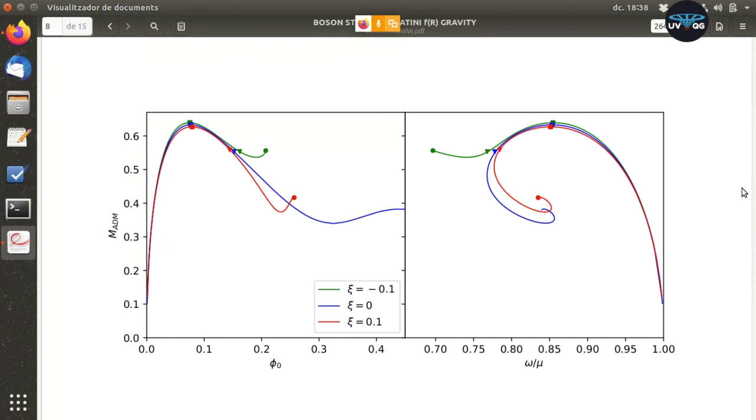I never thought about it, but I think even in GR there should be some kind of limit, because when you increase central phi, the solutions become more stiff and more compact, and can end in a black hole or something like that. I think you cannot really increase this parameter as much as you want, not only for computational reasons, because at some point you will get something very stiff.